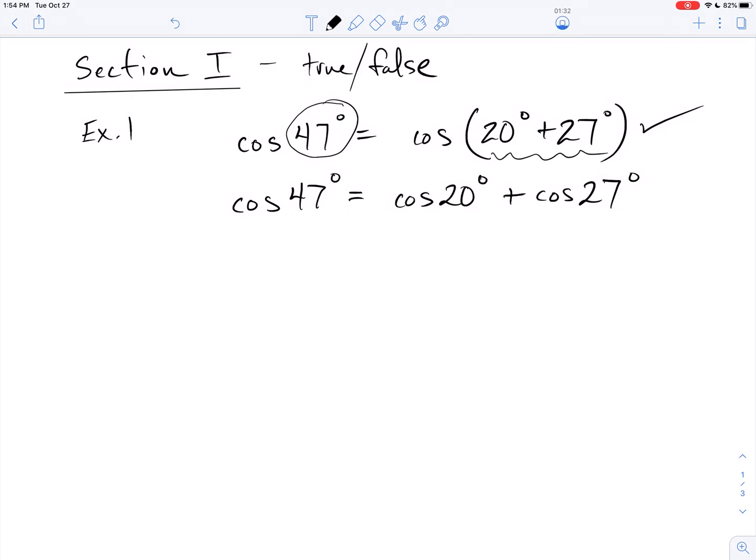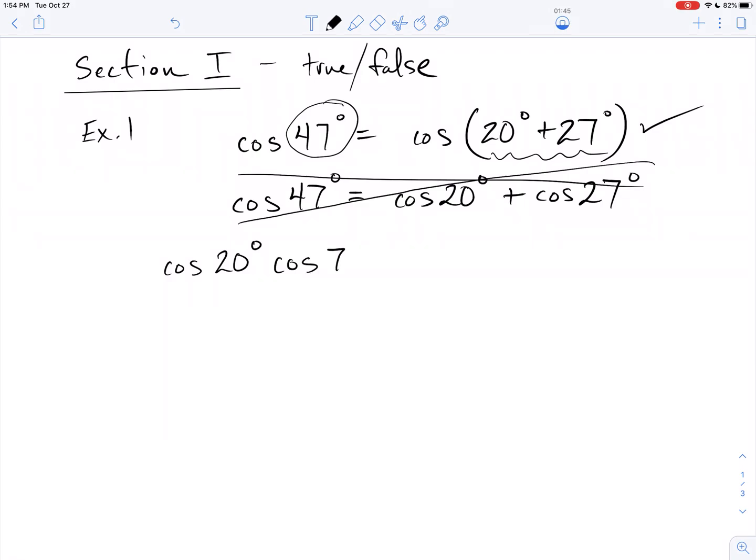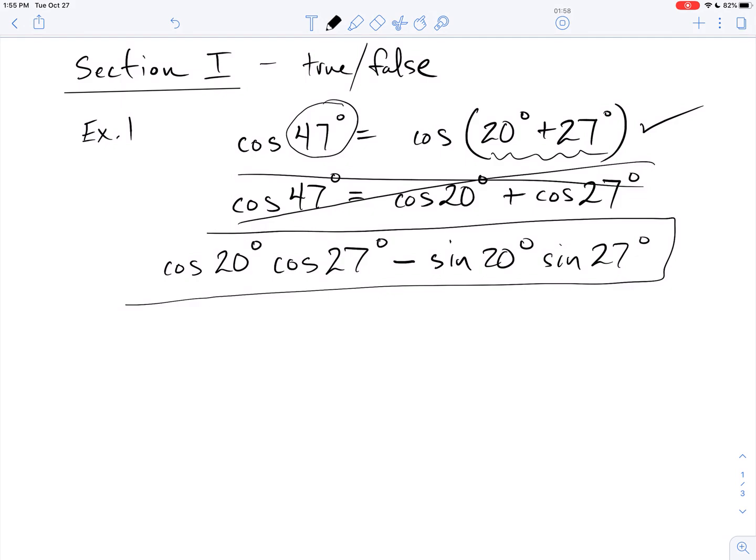But this is definitely not valid, because if I was going to do the expansion, I would say cosine of 20 degrees times cosine of 27 degrees minus sine 20 degrees sine 27 degrees. Now that would be the same thing as this right here.